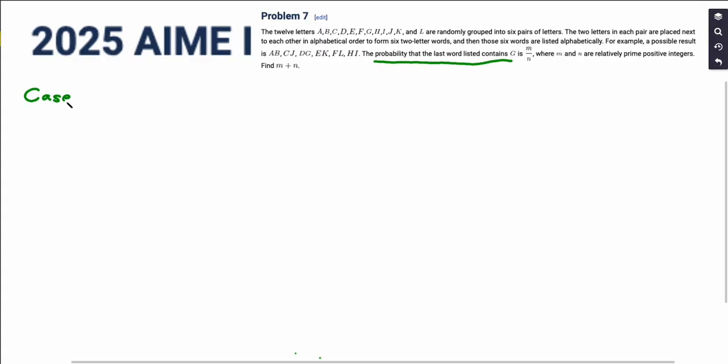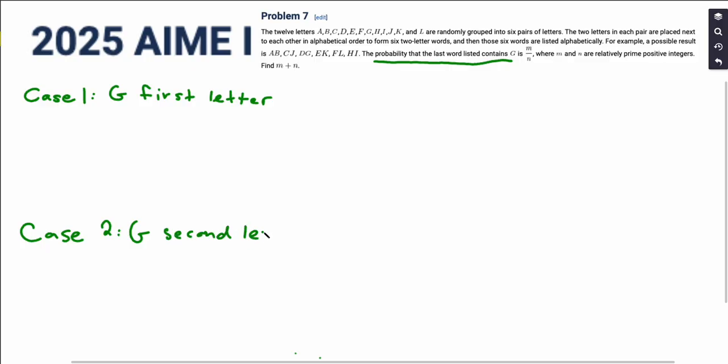In case 1, G will be the first letter of the last word. And in case 2, G will be the second letter.